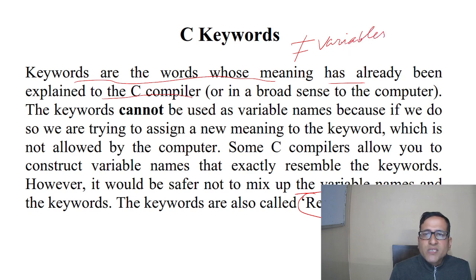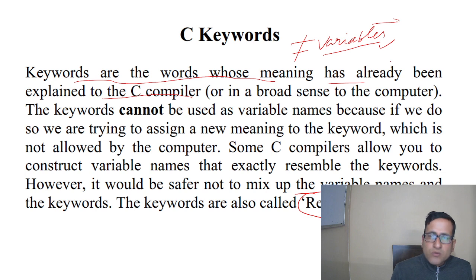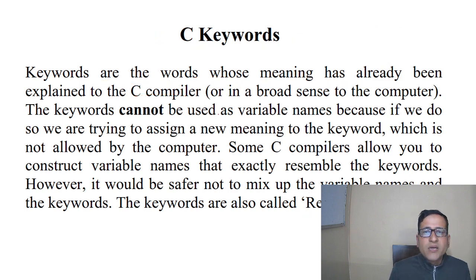Like we were discussing in the previous slides, variable names are compulsory to give the location name. So we should use some words for the variables, but they should not be keywords. In C we have 32 keywords.